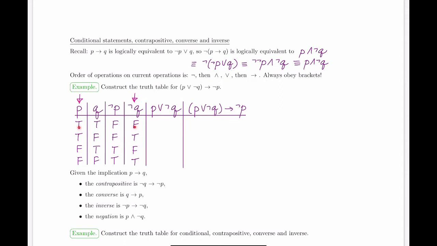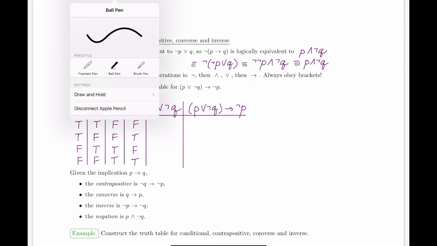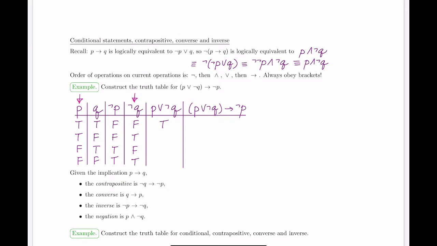So true or false is going to produce true. Next up, true or true is going to be true. Next, I have false or false, which is going to be false. And finally, I have false or true, which is going to be true.